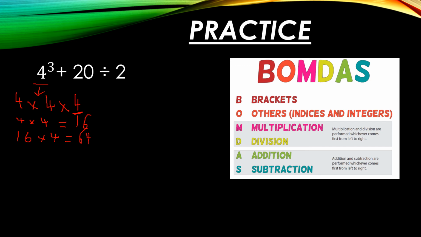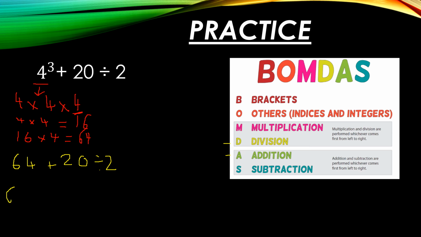All right, now that we have that sorted, we can now rewrite the sum to be 64 plus 20 divided by 2. Now, if we have a look at our scale again, we can see that division comes before addition. So we're going to have to work out what 20 divided by 2 equals.